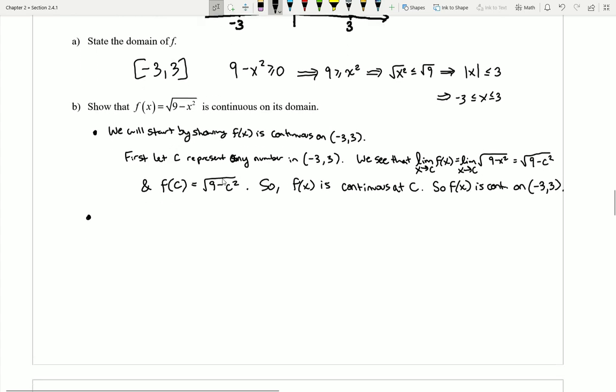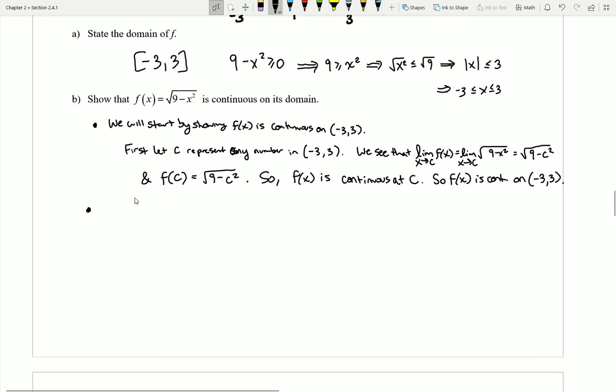Now fortunately, we should be able to do this really quickly. We'll say that the limit as x approaches -3 from the right of our function is really just the limit as x approaches -3 from the right of the square root of 9 minus x squared. We can still do the limit of the inside, because I can use the same limit laws.